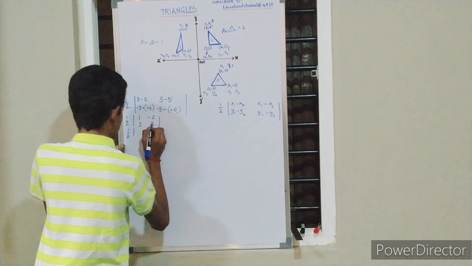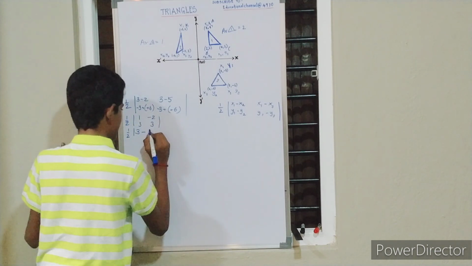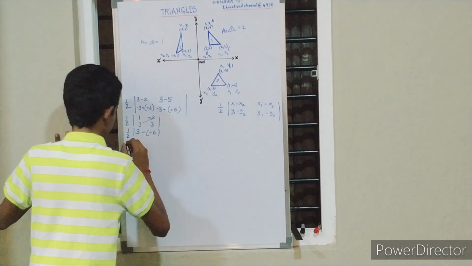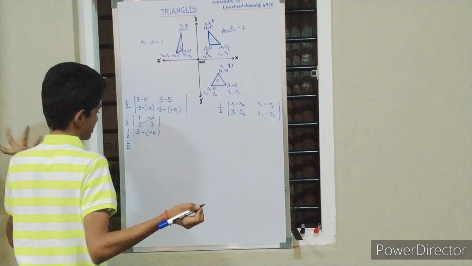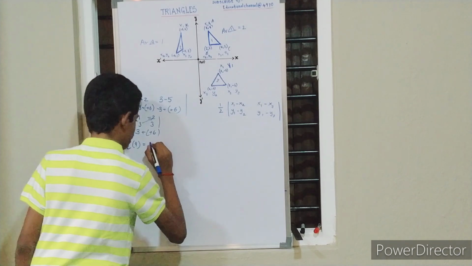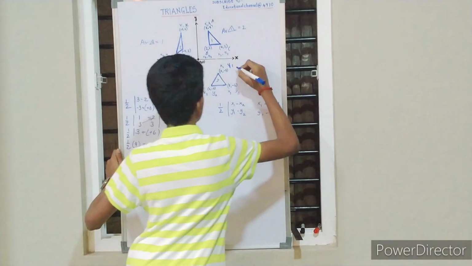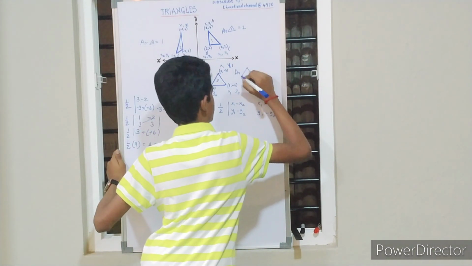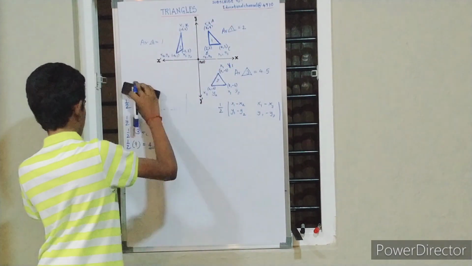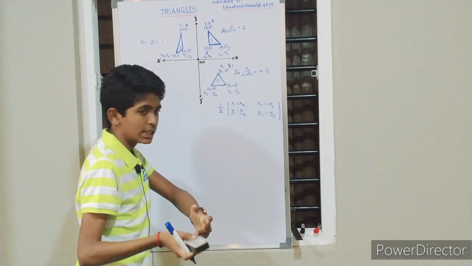Half of 3 into 1, 3. Automatic minus. Minus 6, over minus and minus, plus. 3 plus 6, 9. So 9 by 2 is 4.5. So area of triangle 3 is 4.5. Okay, got it?